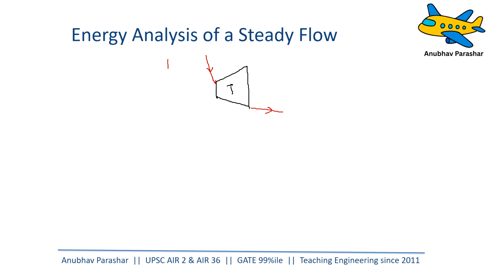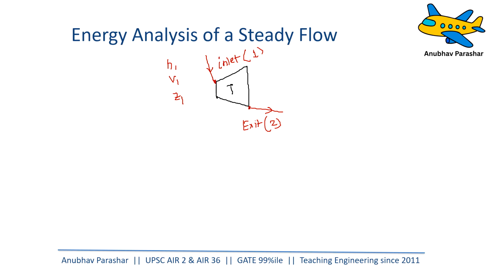This is the inlet, I N L E T, inlet. Let me mark inlet as 1, and this is the exit, let me mark exit as 2. So the properties at the inlet are: the enthalpy is H1, the velocity is V1, the height is Z1.